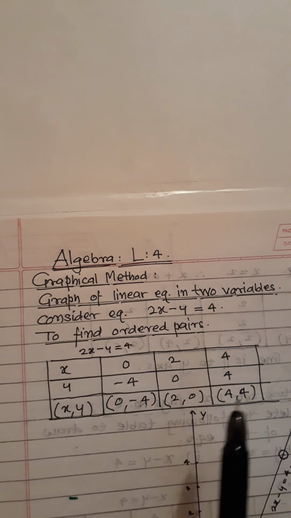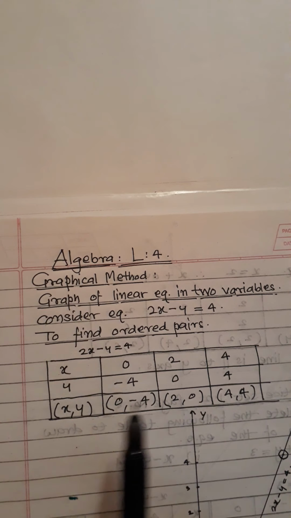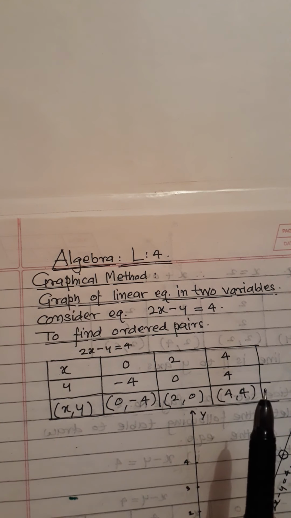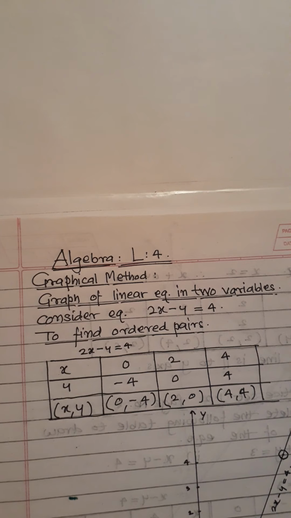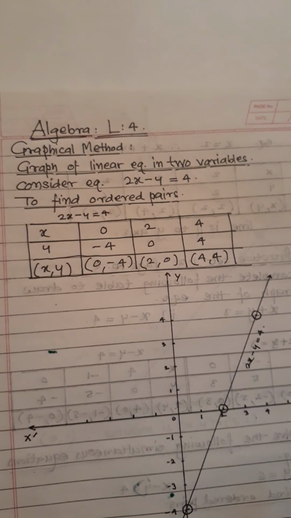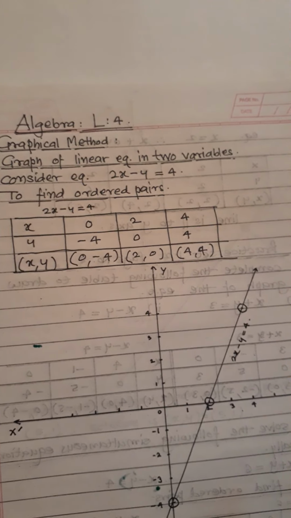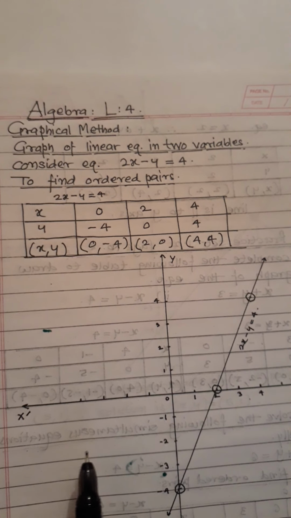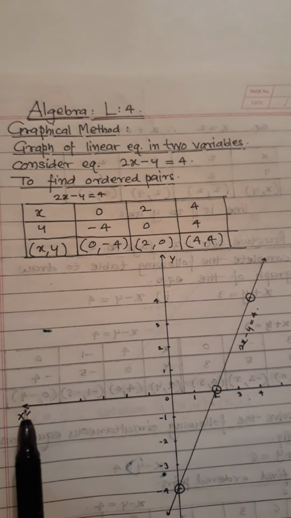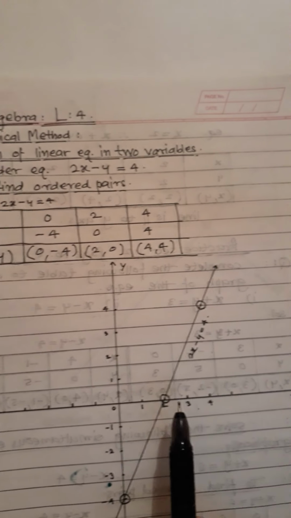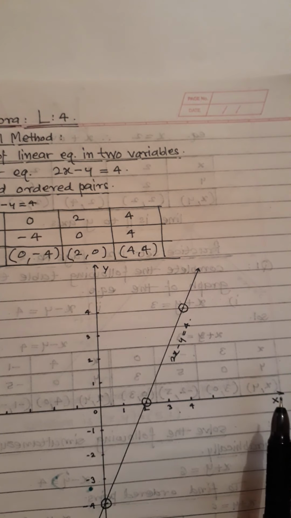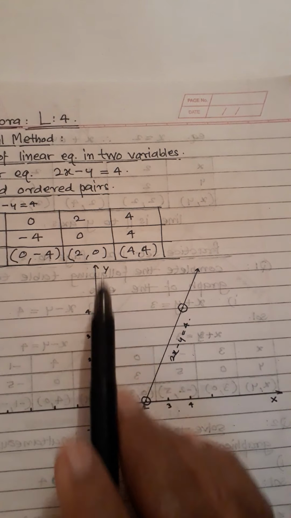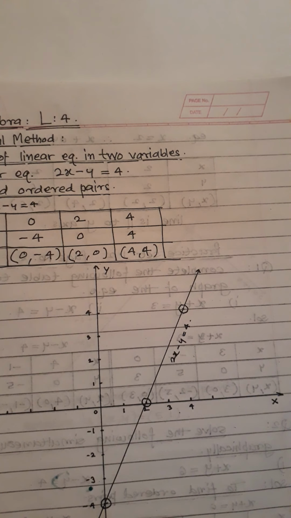Okay, now you have these three ordered pairs, and then you start plotting the graph. Now therefore on your graph paper you draw an x-axis at the center, okay, and a perpendicular y-axis.